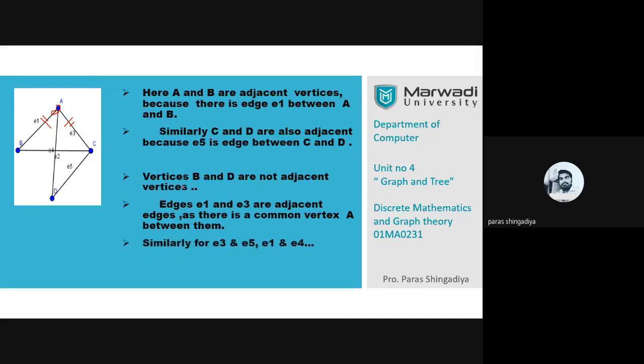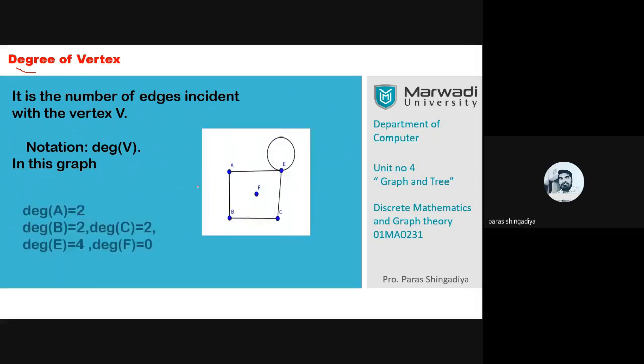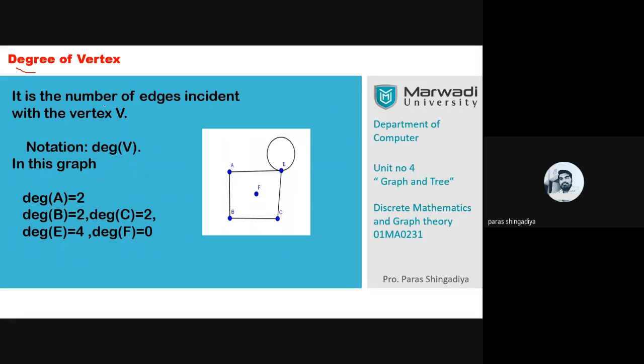Then we will discuss degree. That is also an important definition of graph theory, because in today's lab we have to discuss some well-known theorems of graph theory based on the degree of a vertex. So how can we evaluate the degree? It is the number of edges incident with a particular vertex.